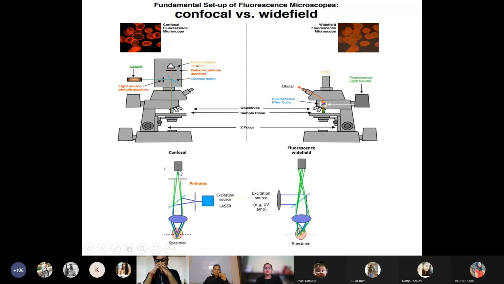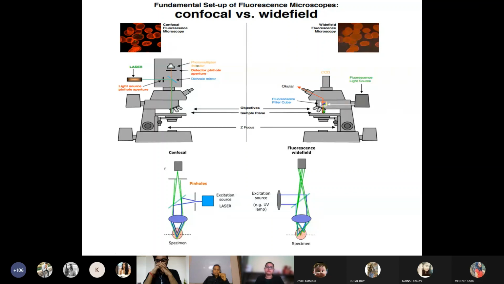And you can see that the detector is excluding the rays which are not focused, whereas in the wide field fluorescence microscopy, all the rays are being received by the detector or the eye.